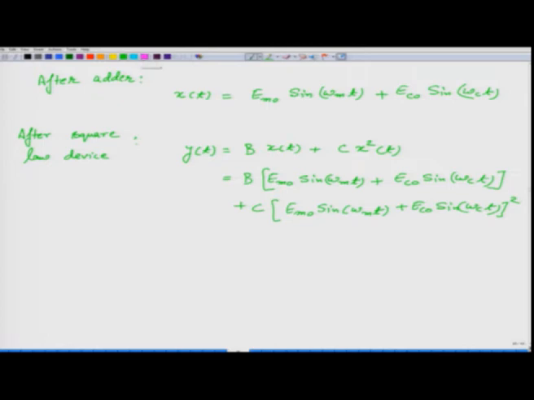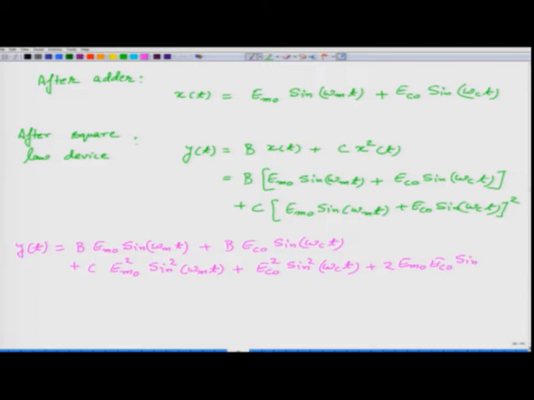Now let us expand this. y(t) becomes b E m naught sine omega m t plus b E c naught sine omega c t plus c times E m naught squared sine squared omega m t plus E c naught squared sine squared omega c t plus 2 E m naught E c naught sine omega m t multiplied with sine omega c t.